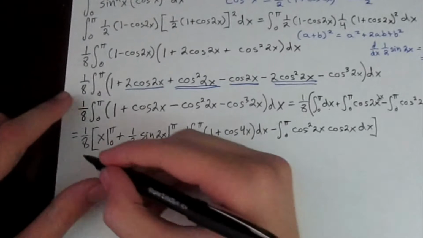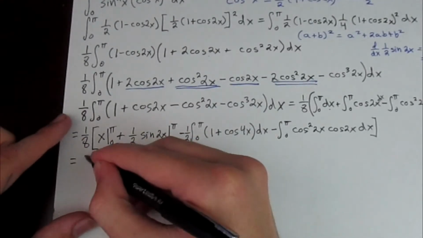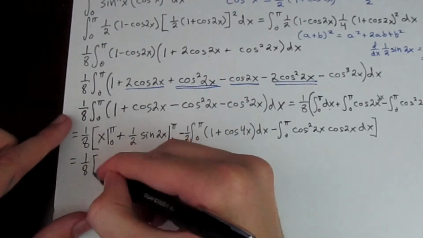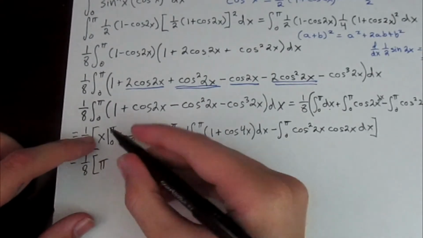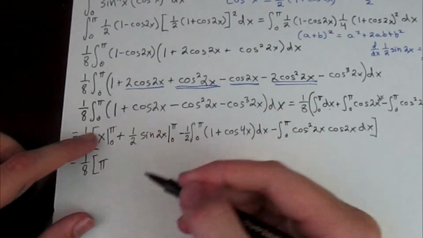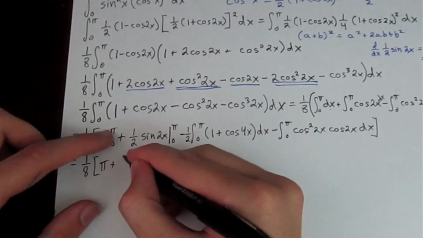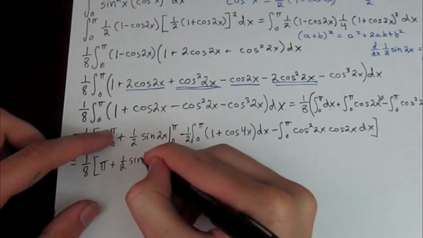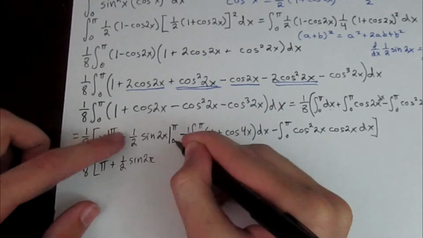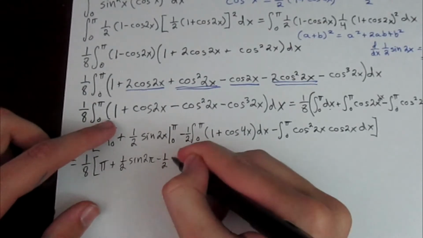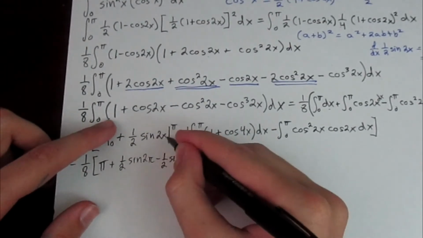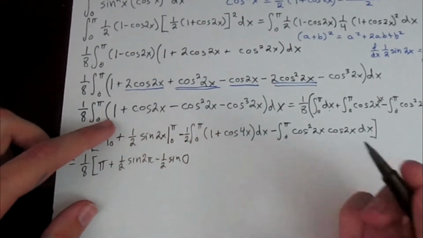Now what you do is start back over here. That's 1/8 times pi minus 0, which we don't have to write, plus 1/2 sine of 2 pi, minus 1/2 sine of 2 times 0, which is 0.